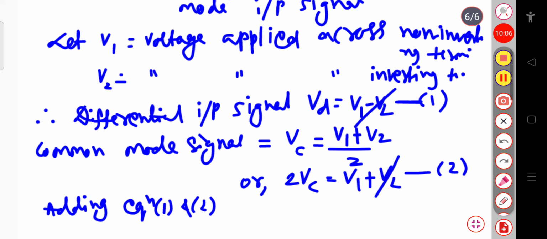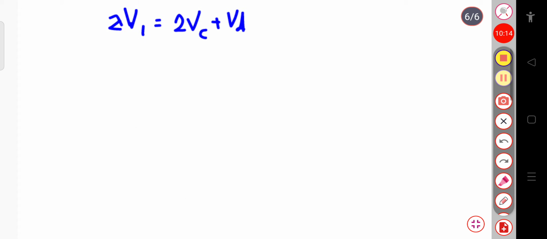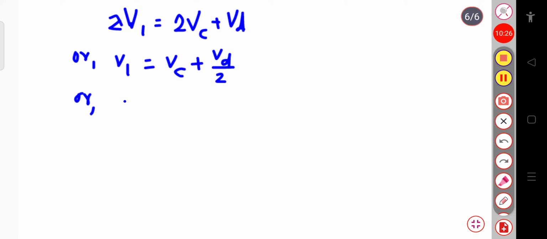So 2V1 equal to 2Vc plus Vd, or V1 equal to Vc plus Vd by 2.